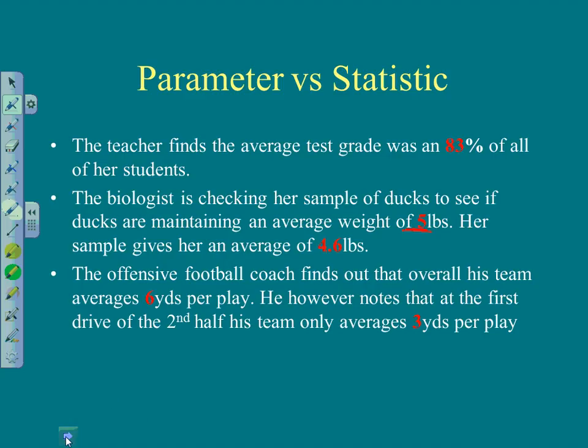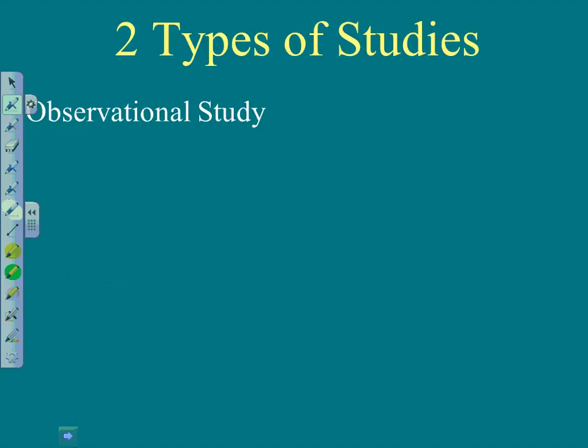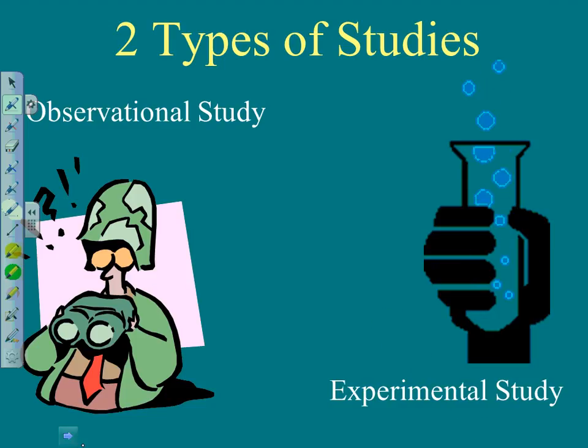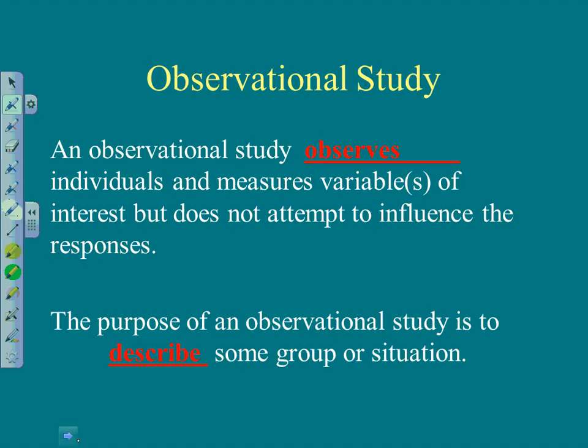We also have to talk about 2 types of studies that we will be looking at, observational studies and experimental studies. We're going to time this perfectly. Observational study observes individuals and measures variables of interest, but does not attempt to influence the responses.